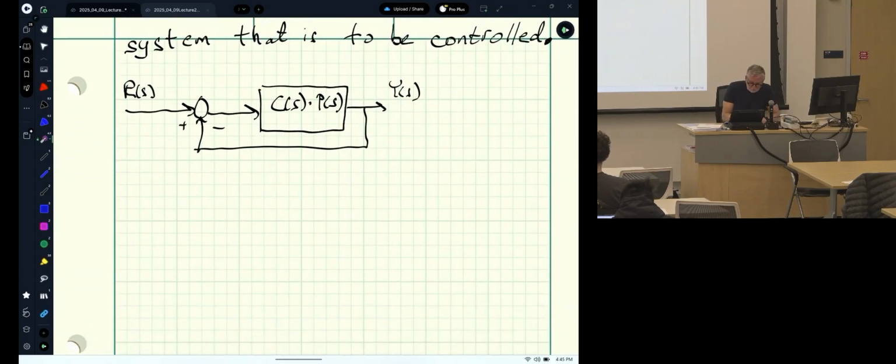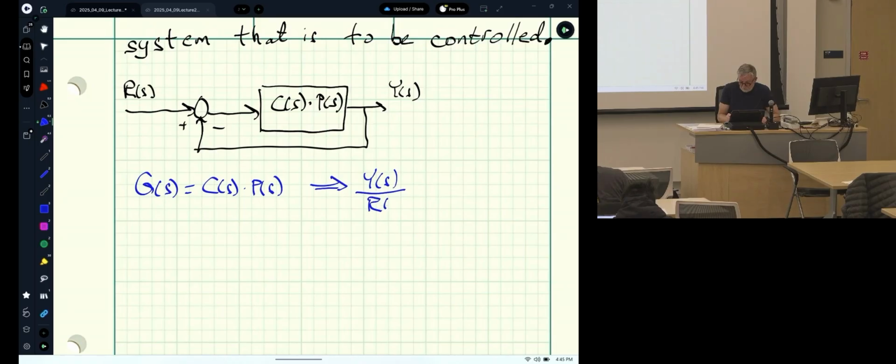Okay. And so if we just write G of S equals C of S times P of S, we get the transfer function for the cascade system.